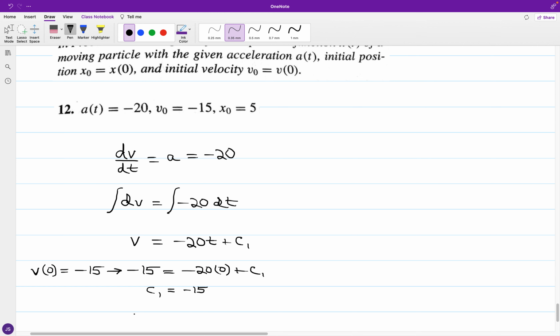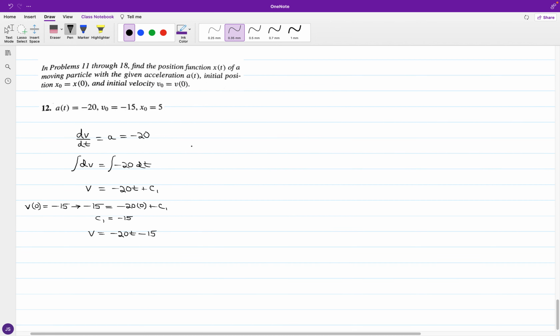So putting the velocity in parametric terms and having determined the value of the constant, we had that v is equal to negative 20t minus 15. And looking for the position function, now we have by definition the change in the position or change in distance with respect to the change in time is going to be the velocity.